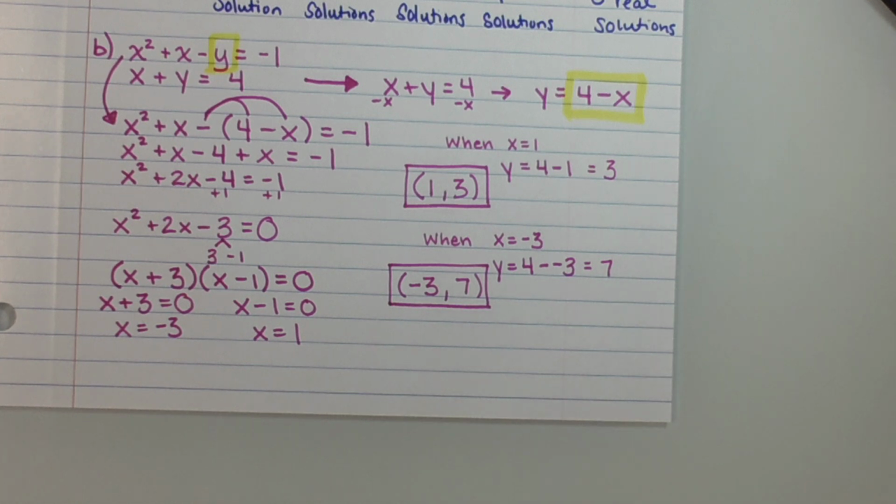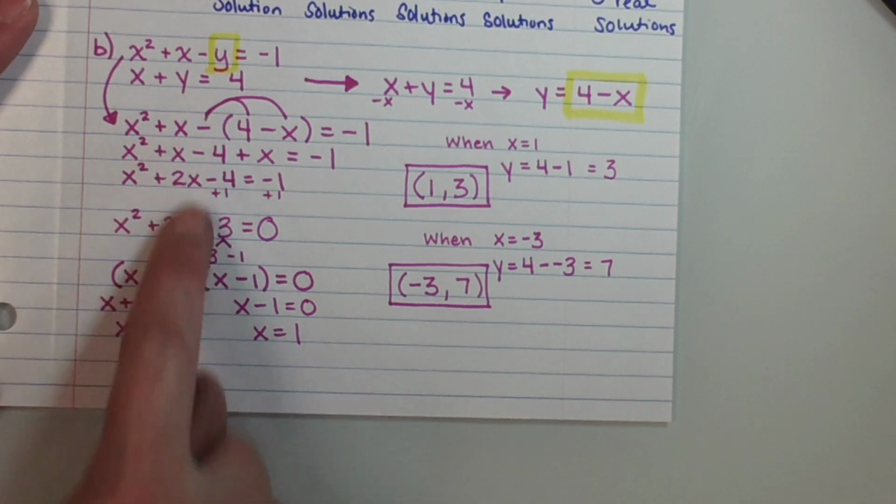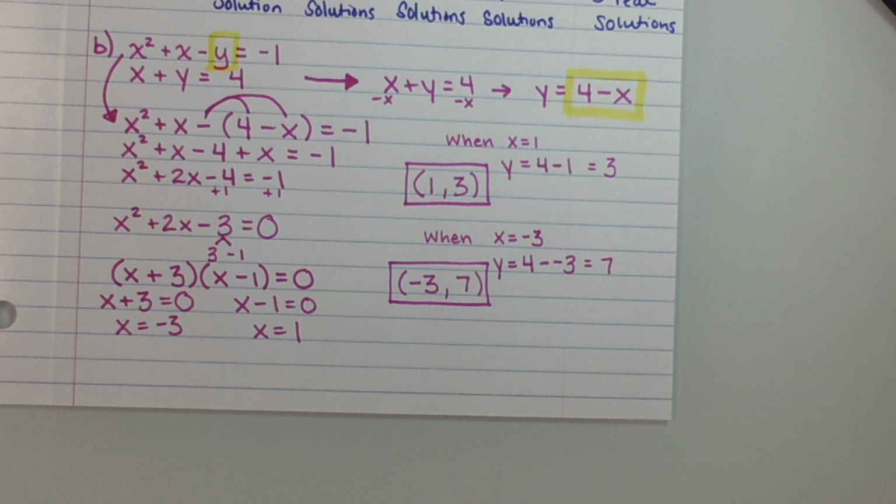Solving a system of nonlinear equations starts a little bit different than what we've been doing, but the middle part is going to fit with what we've already been doing. So, let's try a couple more examples.